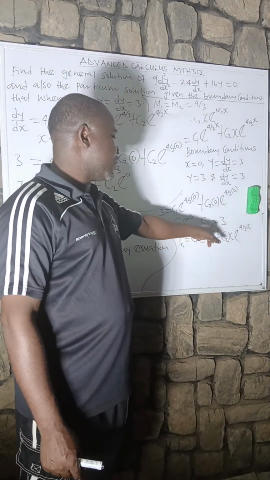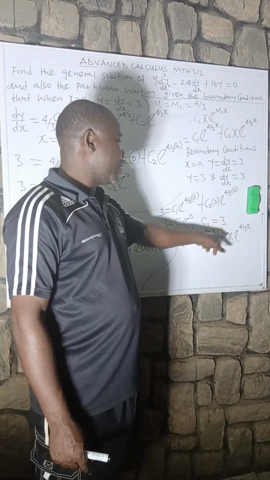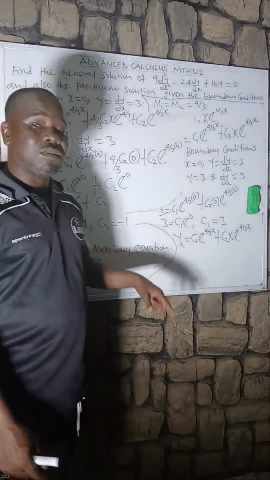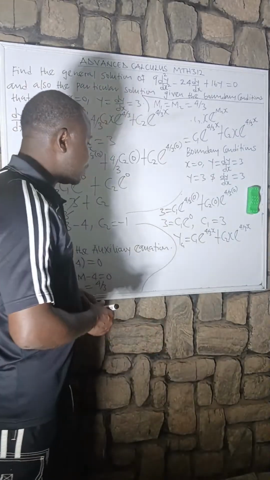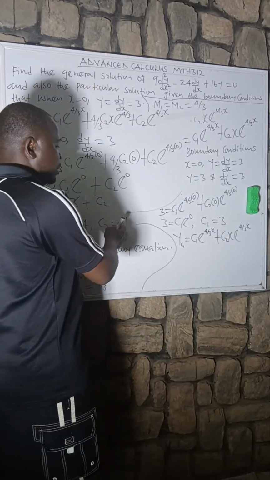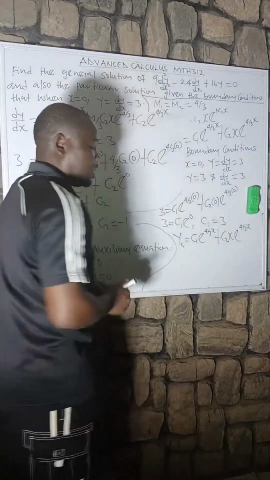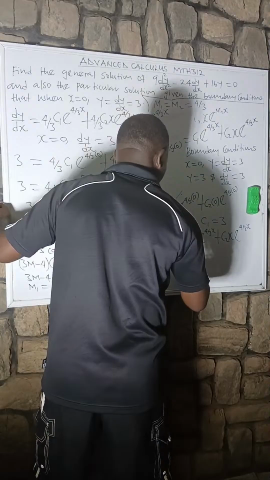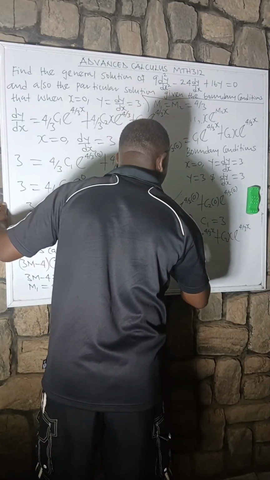So you can now see that our C1 is 3, then our C2 is minus 1. So the particular solution will now be for us to substitute in these unknowns. So that is your particular solution. Is that clear?